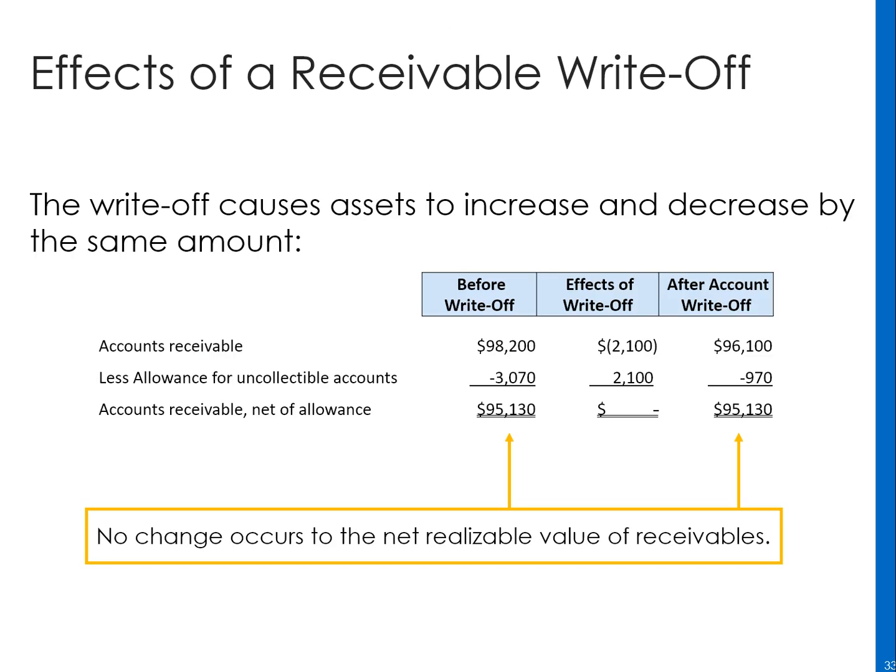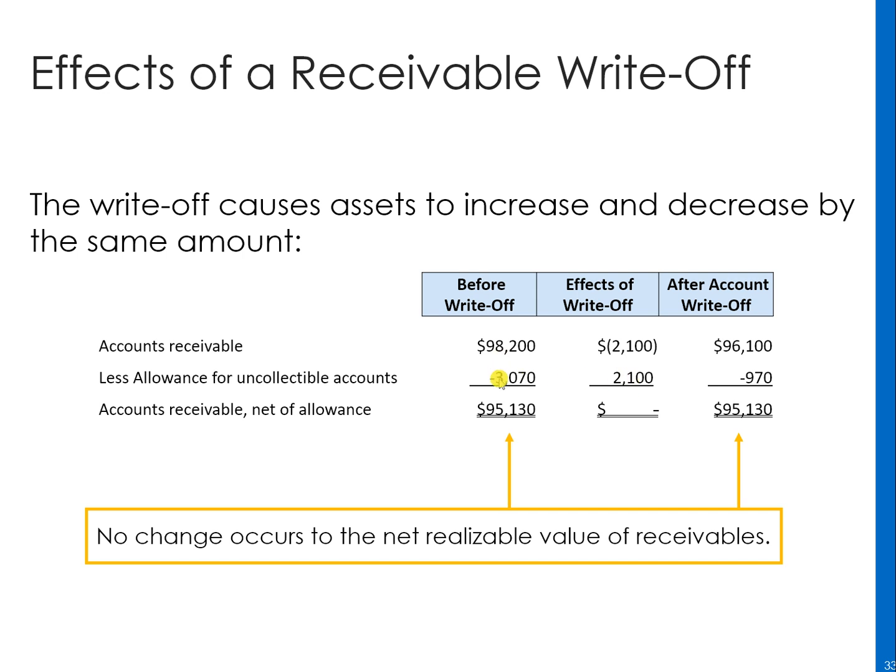This is the effect of write-off on the balance sheet. Before write-off, we have gross accounts receivable and the allowance, so the net amount reported on the balance sheet is $95,130. Next, the write-off involves reducing accounts receivable and also reducing the allowance account.